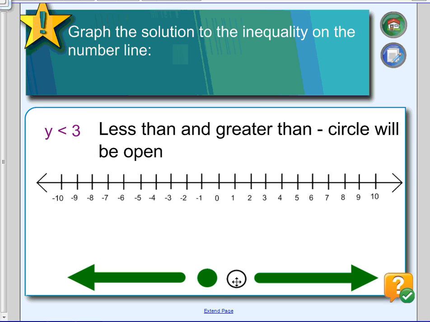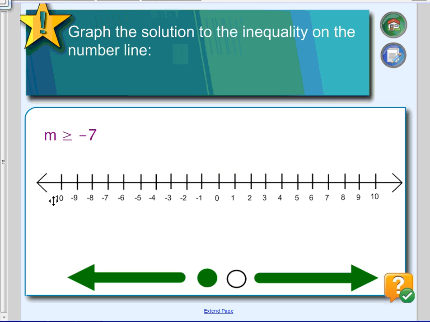So in this case, we can put our open circle on 3, okay? And then because our equation is saying y is less than 3, we're going to be talking about all the numbers that are less than 3.